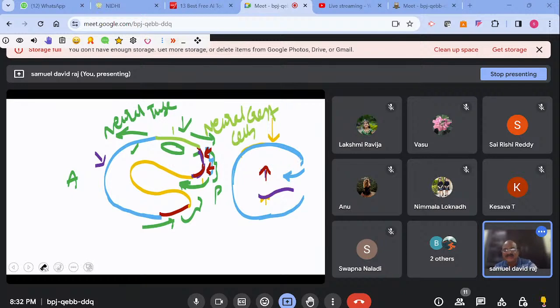ectodermal cells separate. So this is the endoderm, and now the notochordal cells get separated from this.